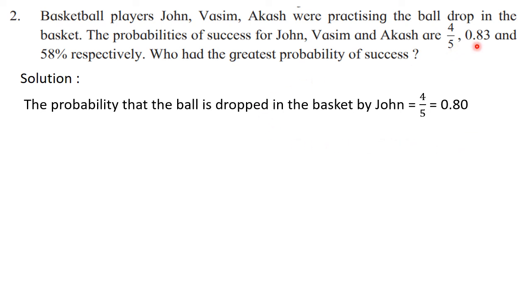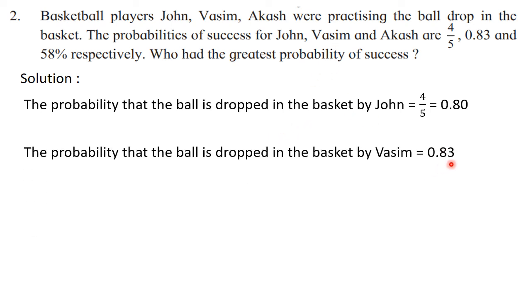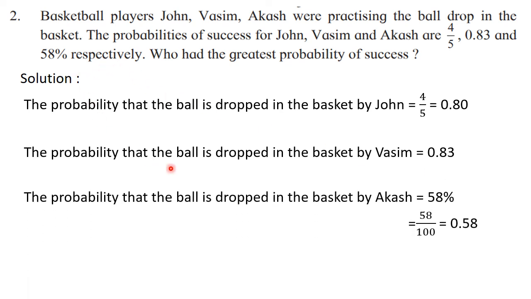Now the second one. The probability that the ball is dropped in the basket by Wasim is 0.83. It is already given in the question. And for Akash it is 58%. So 58% is nothing but 58 upon 100, that is 0.58.